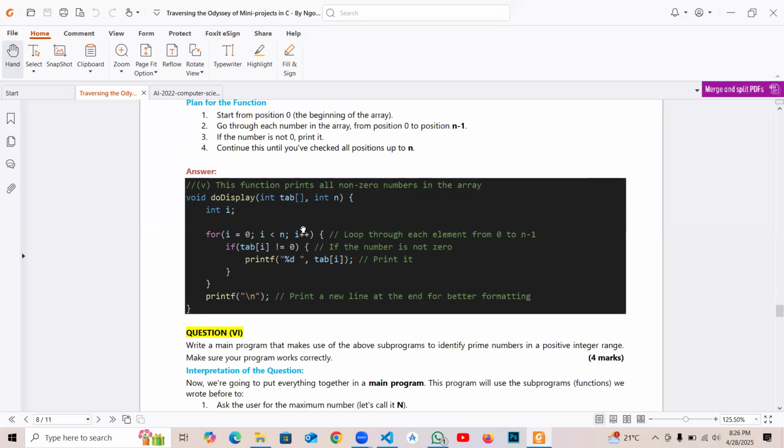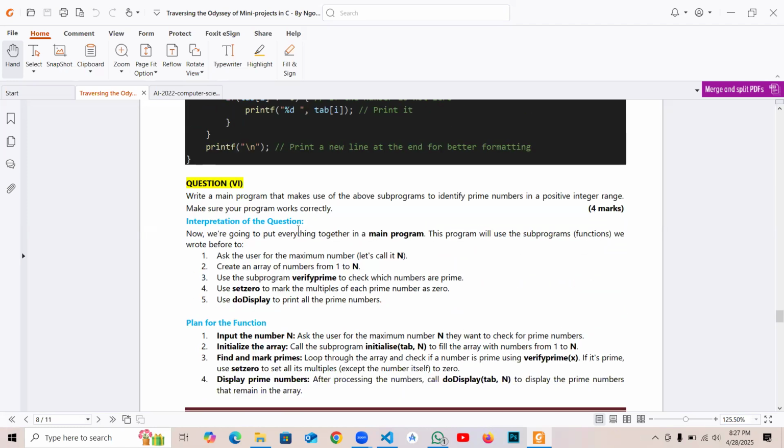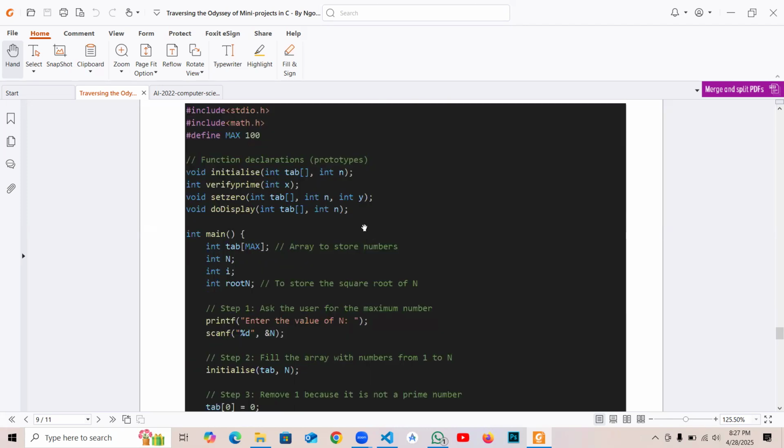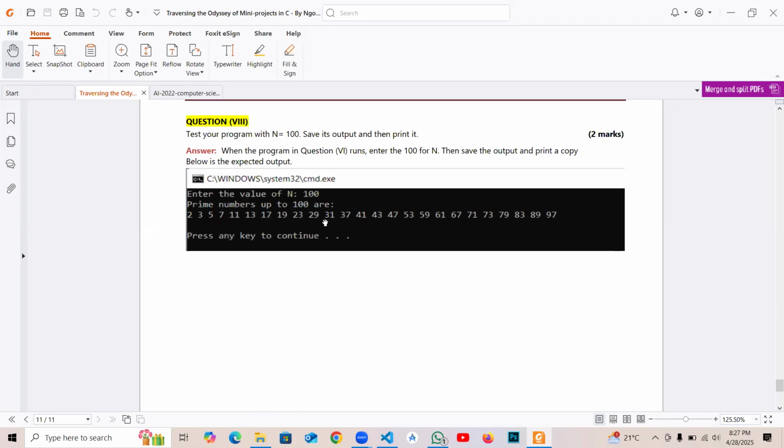So here is a function to print, to display those elements in the array. Then question 5 now is to combine everything into a main program. So we call the functions we just wrote into a main program and make sure that our program runs. So this is my final code, and this is my result.